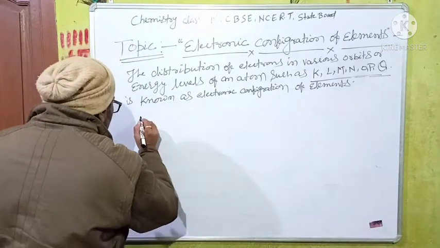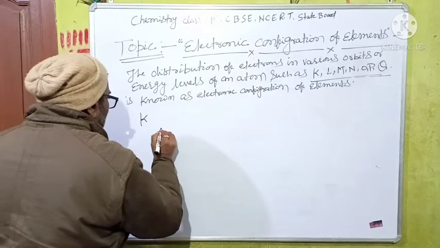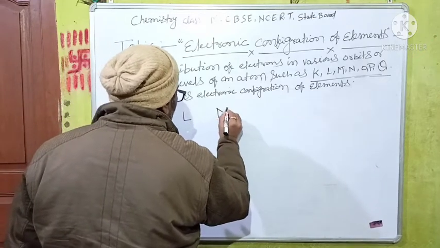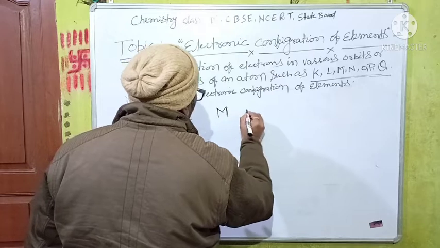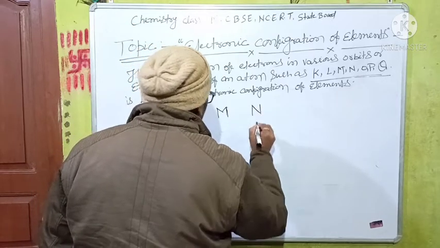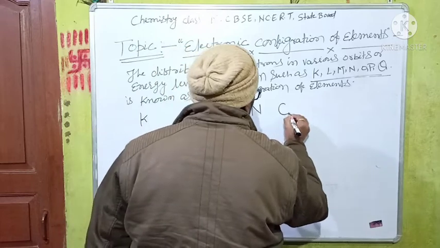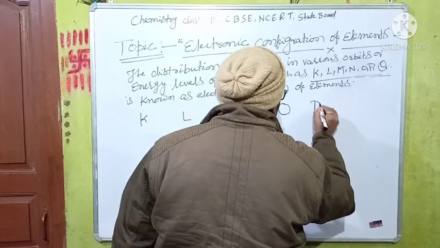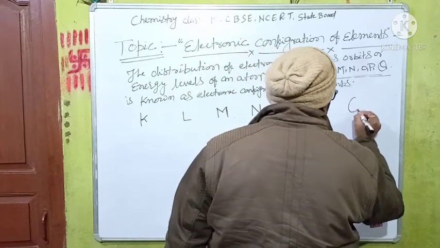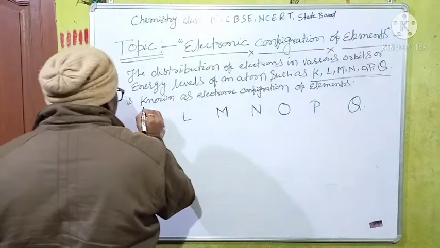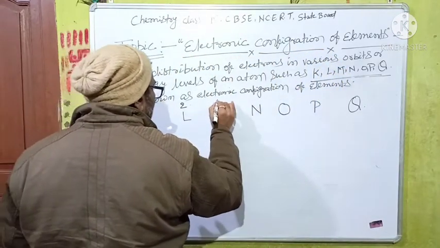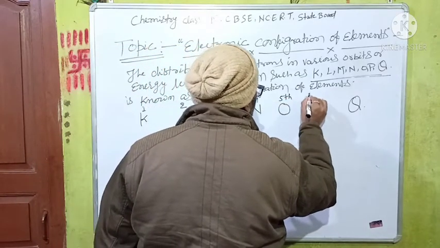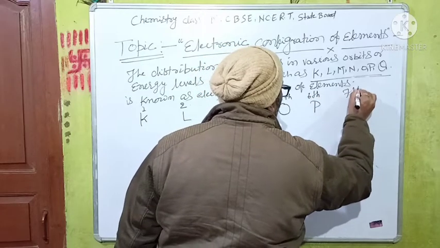So the first orbit is denoted by K, second by L, third by M, fourth by N, fifth by O, sixth by P, and seventh by Q. So this is the first orbit, the second orbit, the third, fourth, fifth, sixth, and seventh orbit.